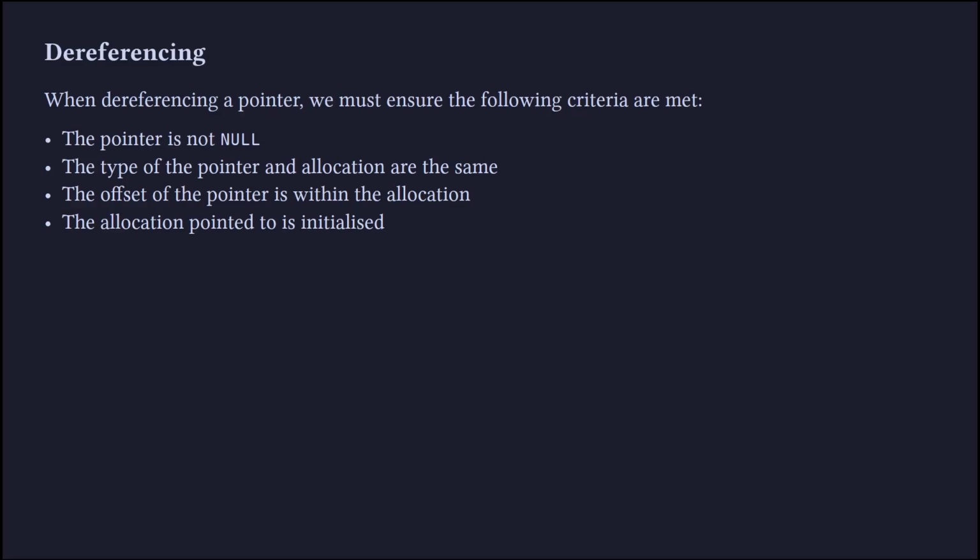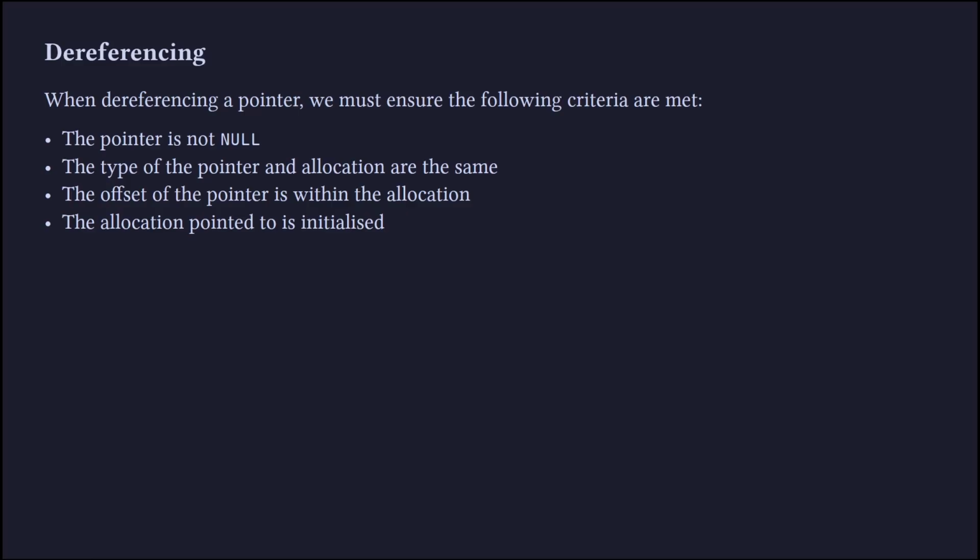With our provenance stuff, the offset of the pointer has to be within the allocation, so that means you can't index past the end of an array, you can't index around outside of a variable, that's bad.